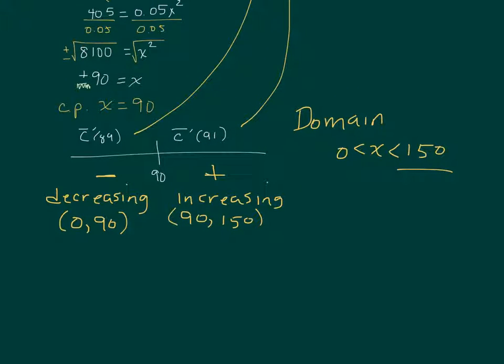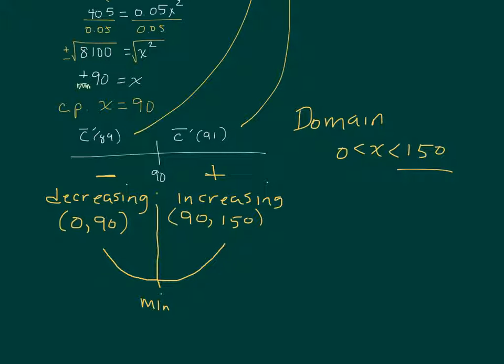All right, and then finally it says, is this a local max, a local min, or neither? If I just think about this graph, if it's decreasing and then it hits a critical point and then it increases, I can see just by this that this would be a minimum.